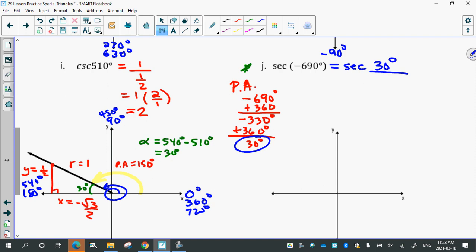So 30 I know is in the first quadrant, closer to the x-axis. I know alpha is 30 because it's the principal angle and it's in the first quadrant. So now I'm drawing the sides of a 30-degree special triangle that's in the first quadrant.